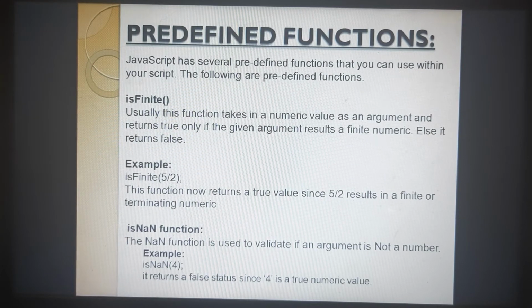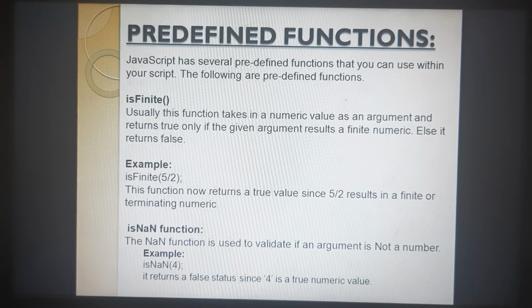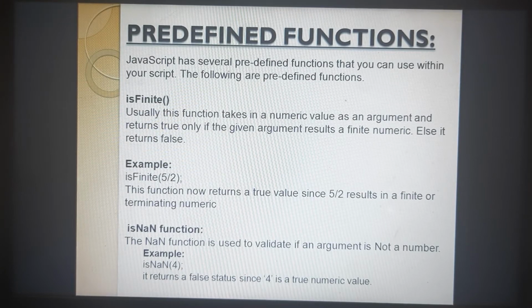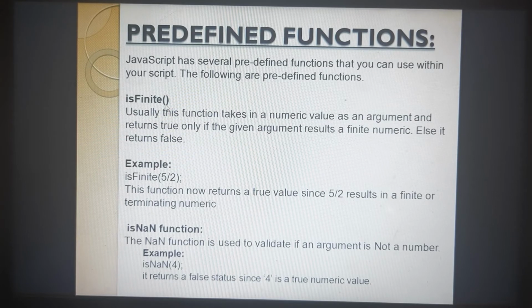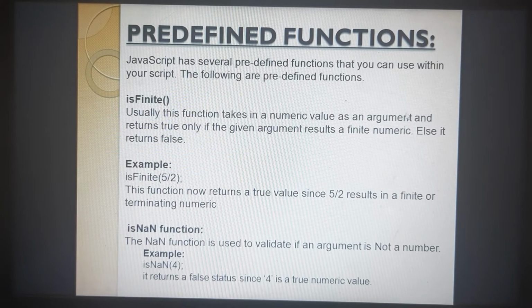isFinite. Usually this function takes a numeric value as an argument. The parentheses are used for the arguments. Within these two parentheses, we can specify the argument, and it returns true only if the given argument result is finite.